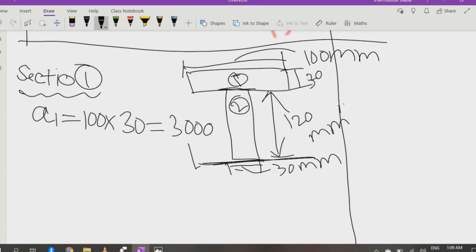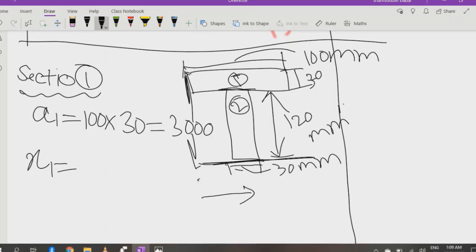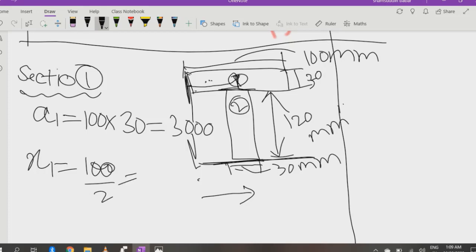Now I am going to find this x1. x1 is in this direction, the horizontal distance from this point to the center of this figure. x1 will be equal to 100 by 2, which is 50 mm. This is quite clear. I have already explained the geometrical figures.